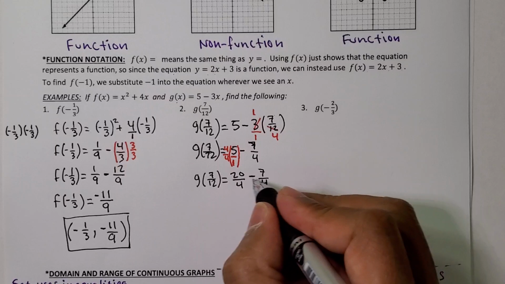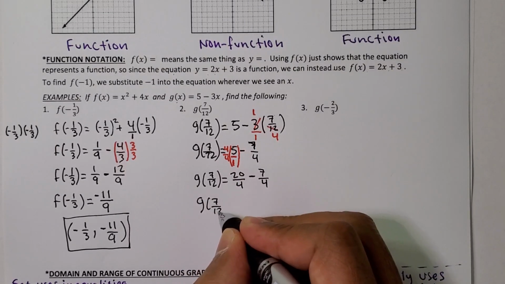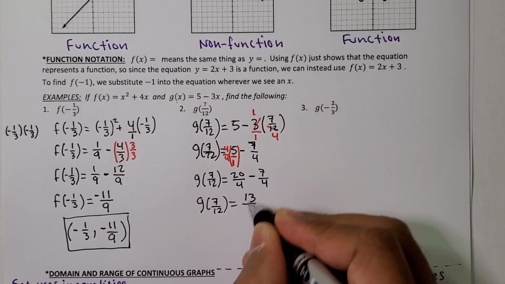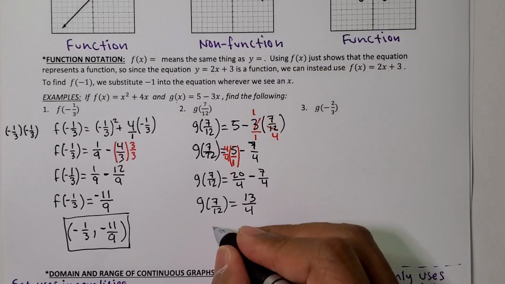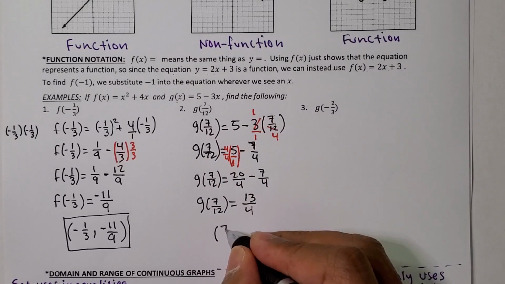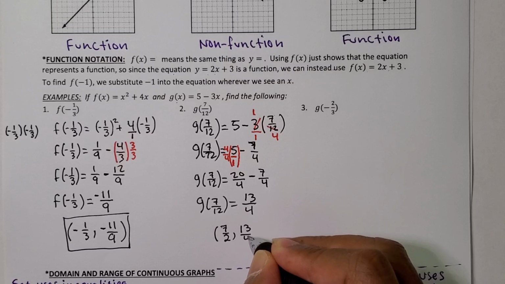And then we just combine the numerators. So g of 7/12 is equal to 20 minus 7. That is 13. And so the answer is 13/4. And last, we write the pair of coordinates. So x is 7/12, which is what we were given, and y is 13/4, which is what we found.